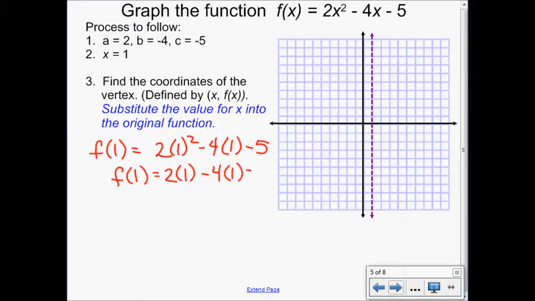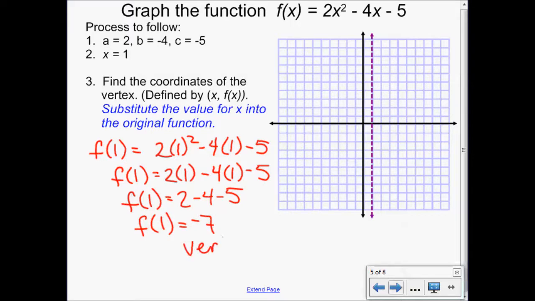I'm going to do my exponents first. Once I've calculated that f of 1 is a negative 7, so my vertex is 1, negative 7. And I'm going to graph that on my graph. And I'm going to put a point there. That's going to be my vertex for my graph.